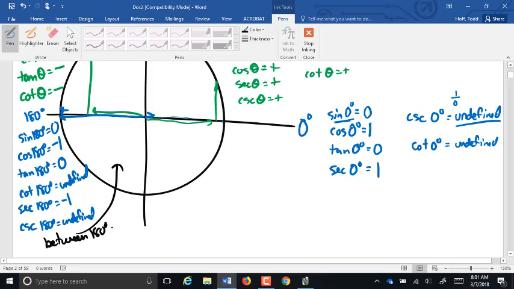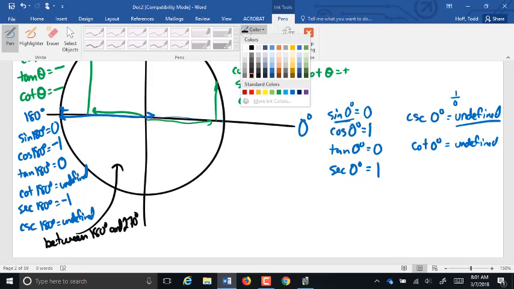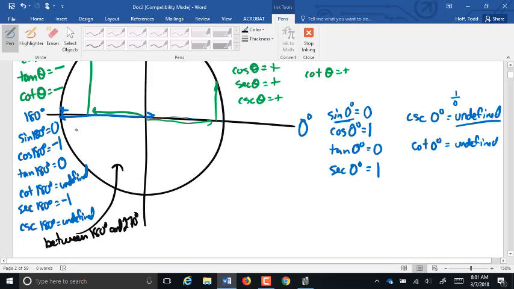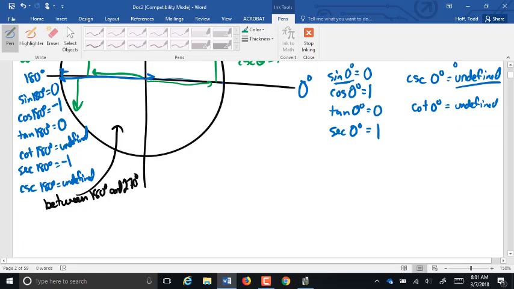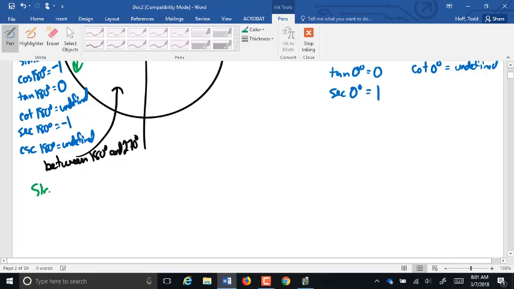Between 180 degrees and 270. Sine is negative. Cosine is negative. That's also in the negative direction. Tangent would be sine divided by cosine.